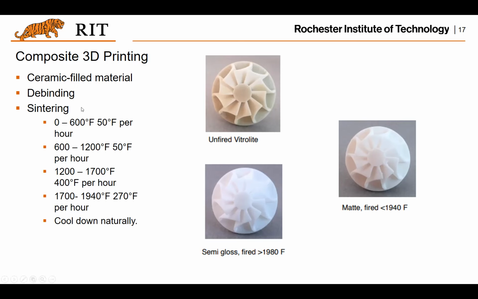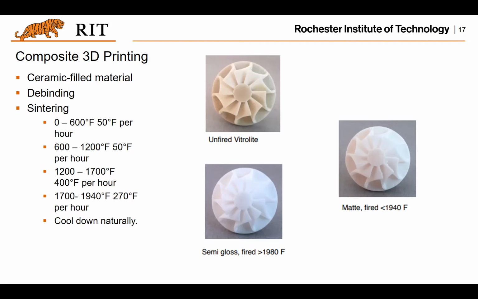What they do is utilize the resin material, the polymer material, as the binder. So they basically mix the powder of ceramic or metal with polymers, and then do the similar thing as normal stereolithography does, and build the part.